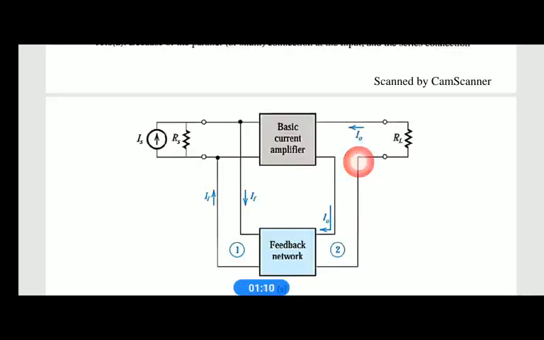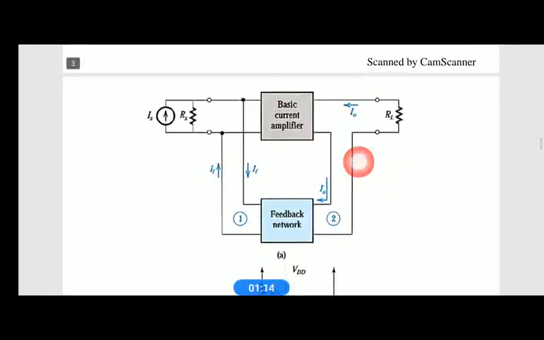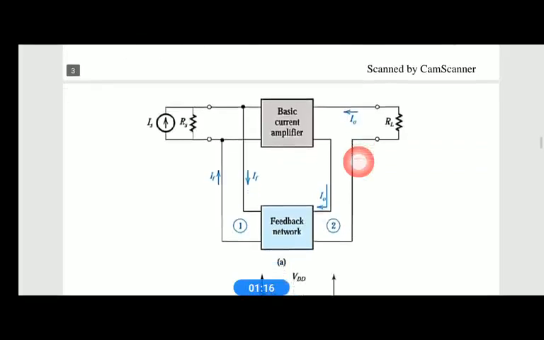In this topology, a sample of I0 is taken at the input in the form of IF by the feedback network.